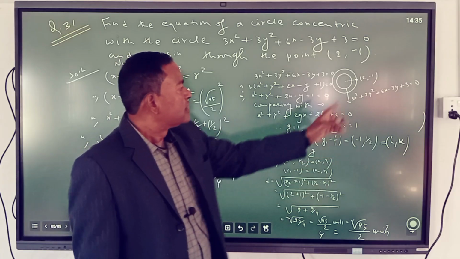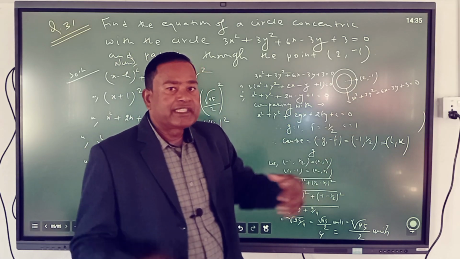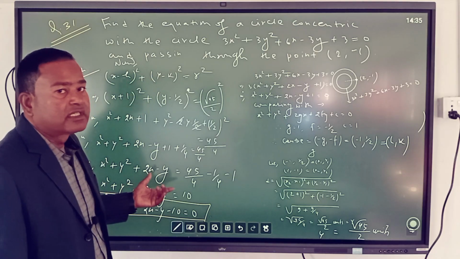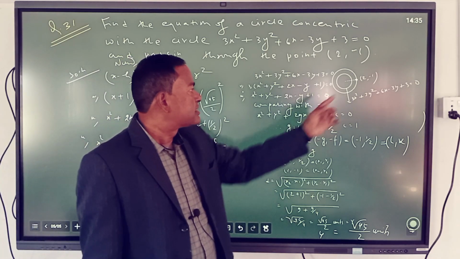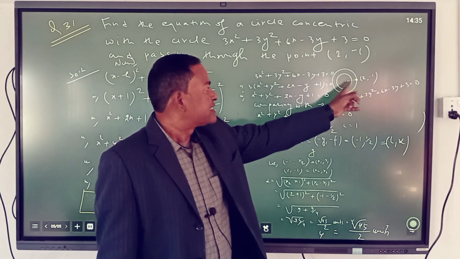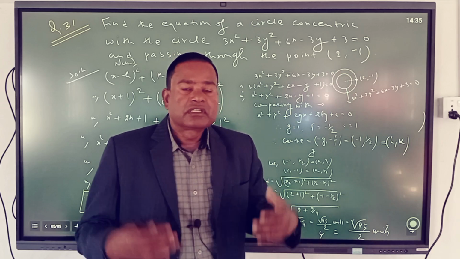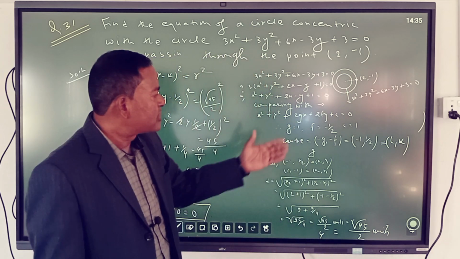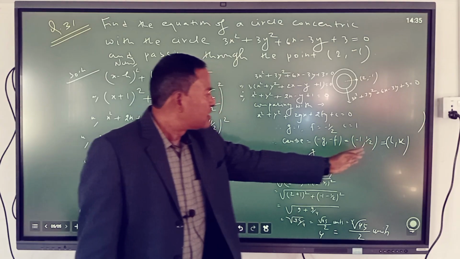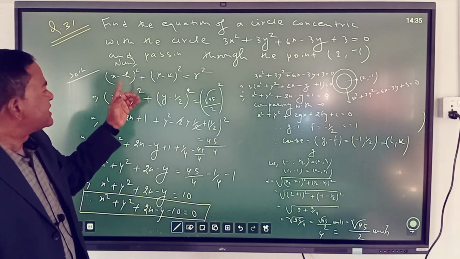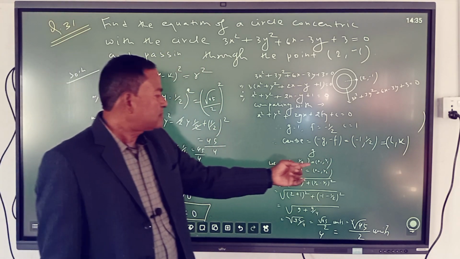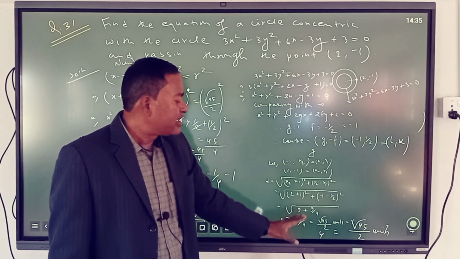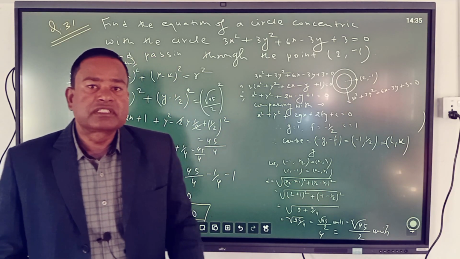So dear students, now to find the radius we have used the distance formula, because the distance between the center and any point on the circumference of a circle is the radius. So by supposing the center as x1, y1 and the given point as x2, y2, and by using the distance formula we have got the radius of the circle.